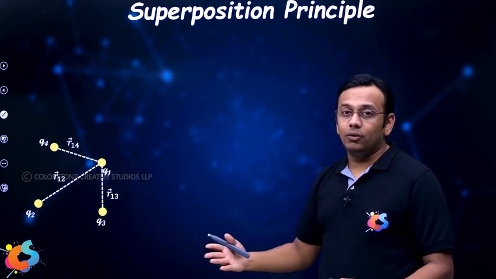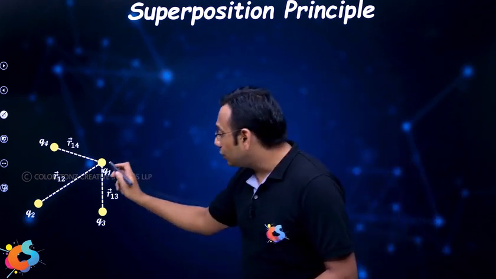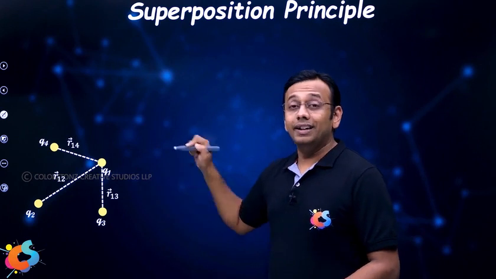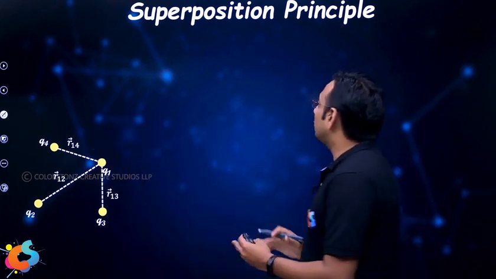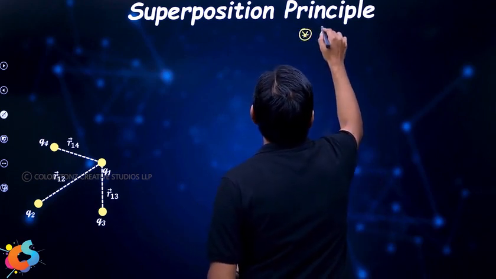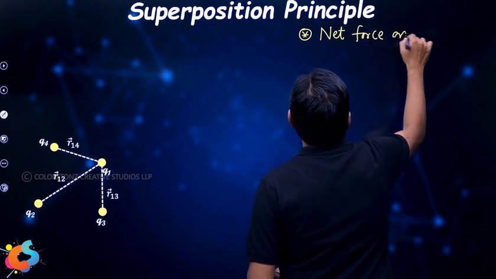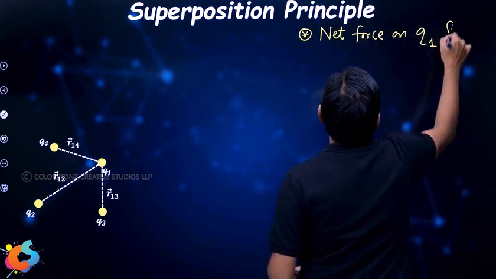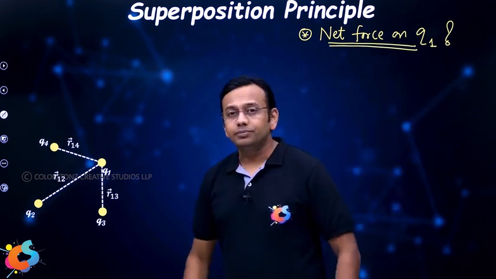We want to find out what is the net electrostatic force acting on charge Q1 due to the presence of all these other charges. Alright, let me write this down. We want to find the net force on Q1.